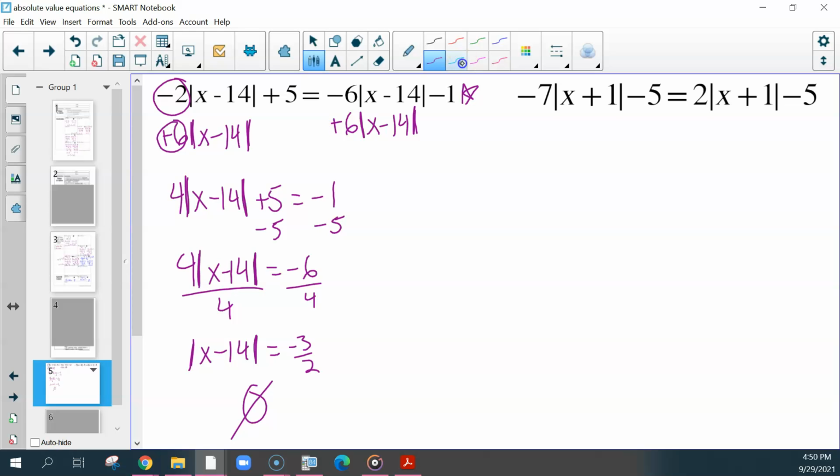Now, just to show you that the same thing would have worked on the other side, I'm going to rewrite this. Actually, instead of doing that, I'm going to do this. And now instead of moving 6 over, I'm going to move the 2 over.